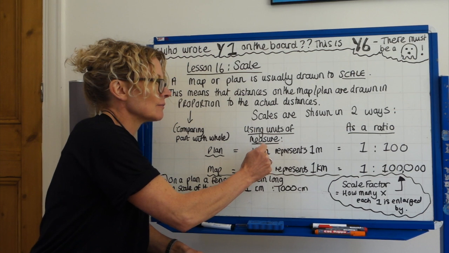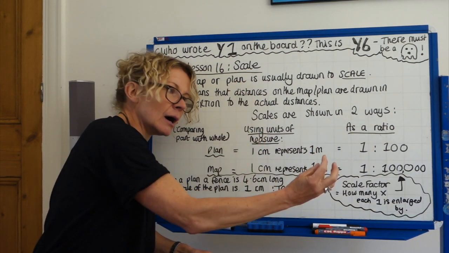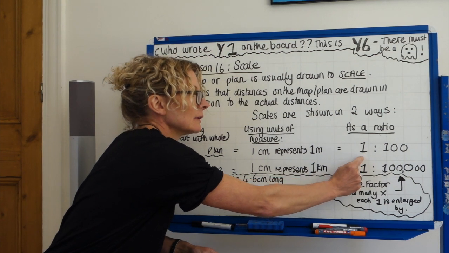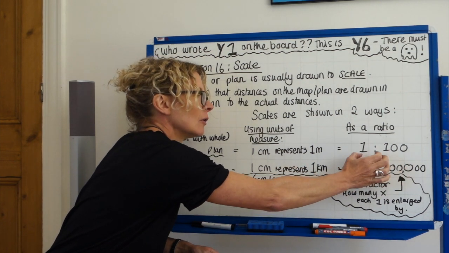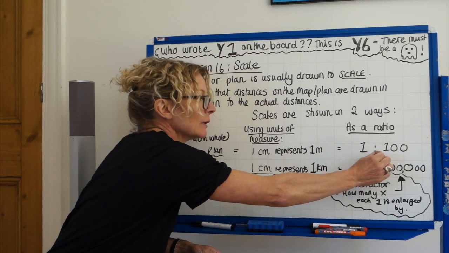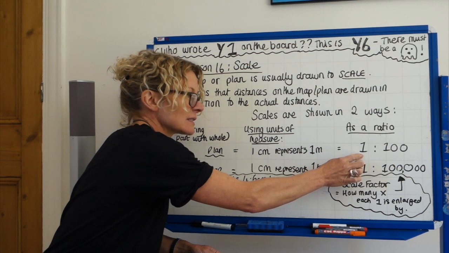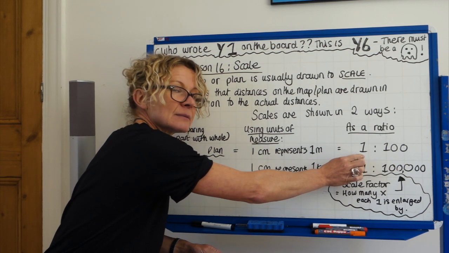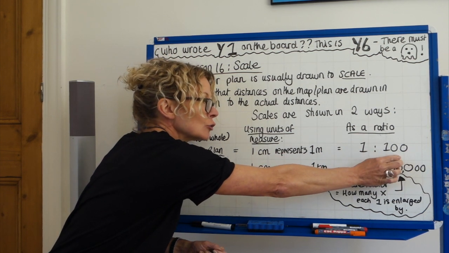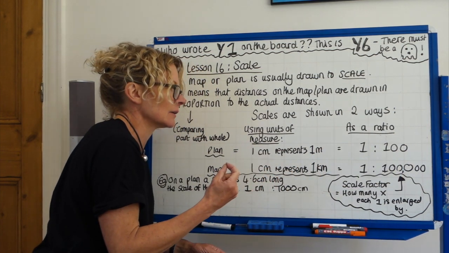That's in a unit of measure. As a ratio, where we're comparing part to part, 1 is being compared to 100, okay? Because for every 1 centimetre, there are 100 centimetres in real life. That is the scale, okay?